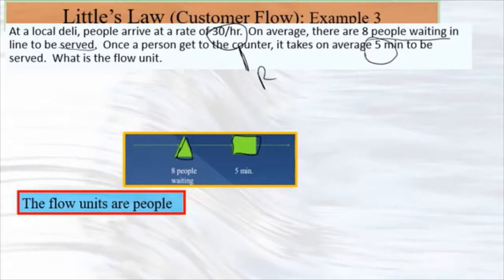We just said the whole check-in is a process. For this, we have two different numbers, one for waiting, one for service. So we have two different processes, and there are people coming in, waiting, and once the waiting is done, they get serviced. The service takes 5 minutes, and then they're out.